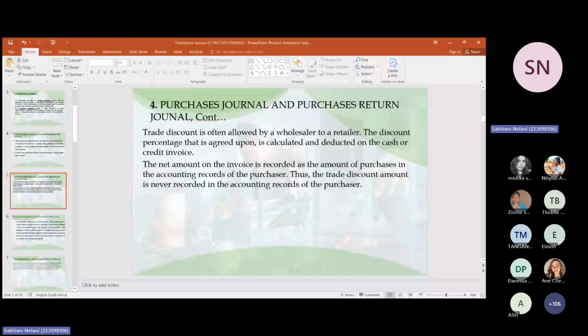We recognize this as a trade discount that is allowed by wholesalers. Wholesalers, to keep a relationship with us, offer certain benefits. But those benefits you don't take and put in your pocket; you put them in the business by creating an appropriate recognition so that you can have appropriate accountability.